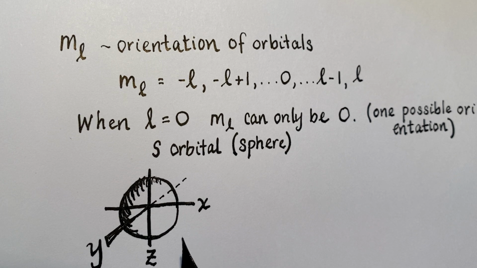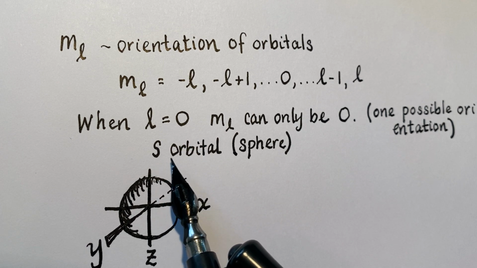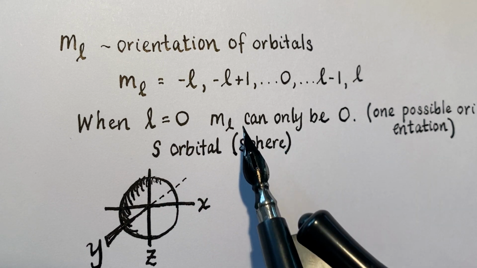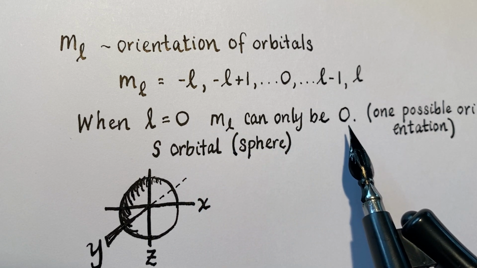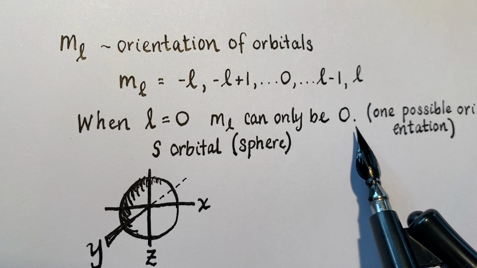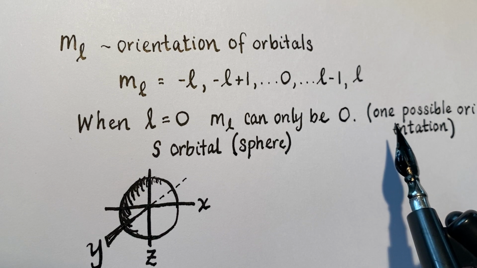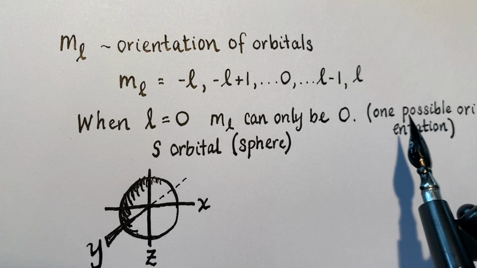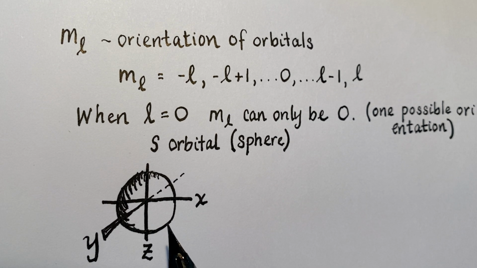There is only one possible orientation for this orbital, and that matches L equals 0, giving us an S orbital, and M sub L, depending on the value of L, it can only be 0. One possibility for that value from the Schrodinger equation. But then extrapolating this into space and where the electron is, there is only one possible orbital, one possible orientation of this orbital.